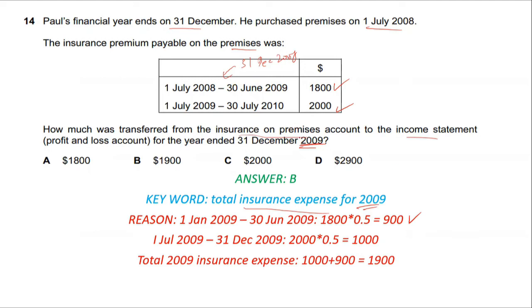Then for the second half of 2009, it would be 2000 times 0.5, which is 1000. You add them together, so 1000 plus $900, $1,900 is the total insurance expense for 2009. So option B is the correct answer for multiple choice 14.